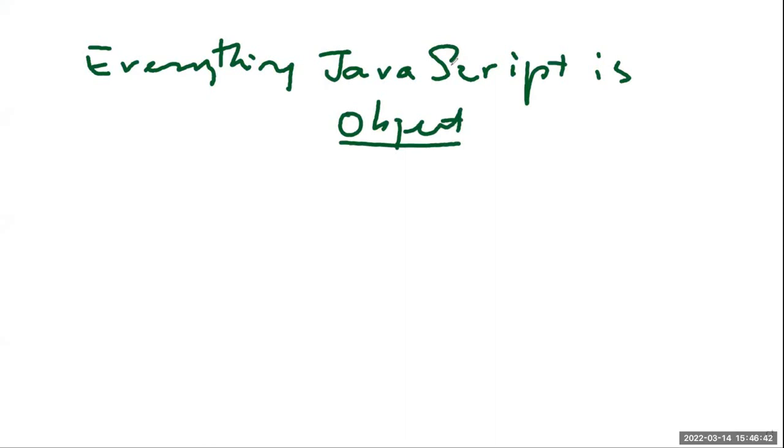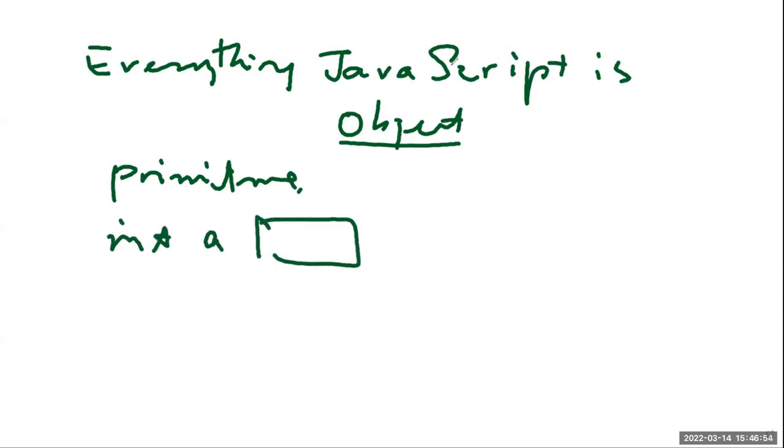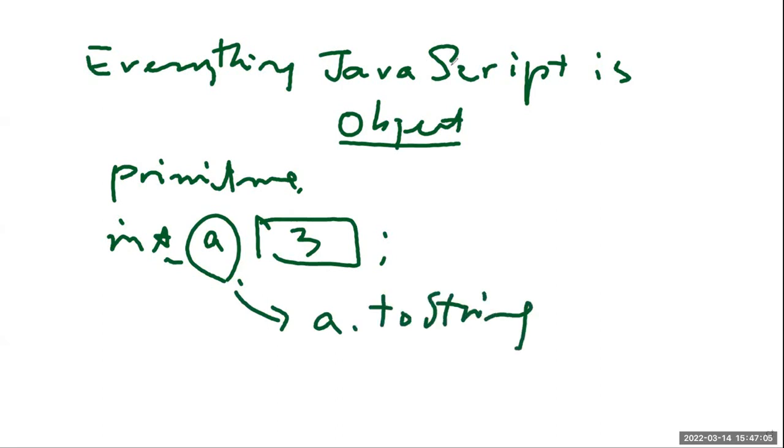In Java, you have primitive data types and reference data types. A primitive data type, like an integer where you store 3 into it, is not an object, so you don't have methods or functions such as toString. But in JavaScript everything is an object, so they do have some functions that you can call, so it's different.